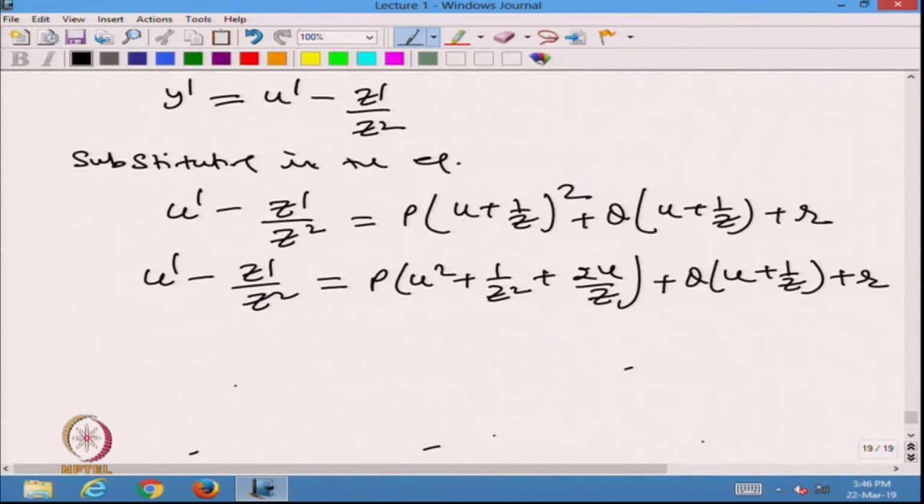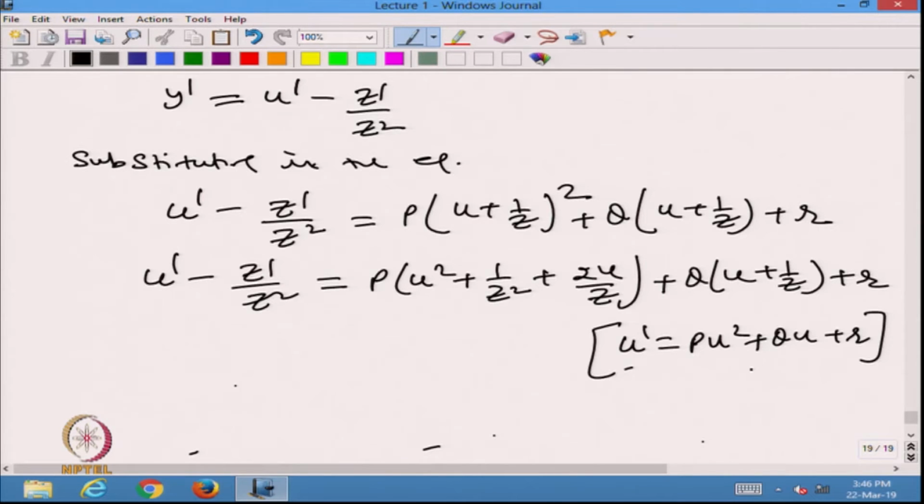Now, I know that u x is a solution, so u dash is equal to p u square plus q u plus r, because this is one of the solutions of the Riccati equation.